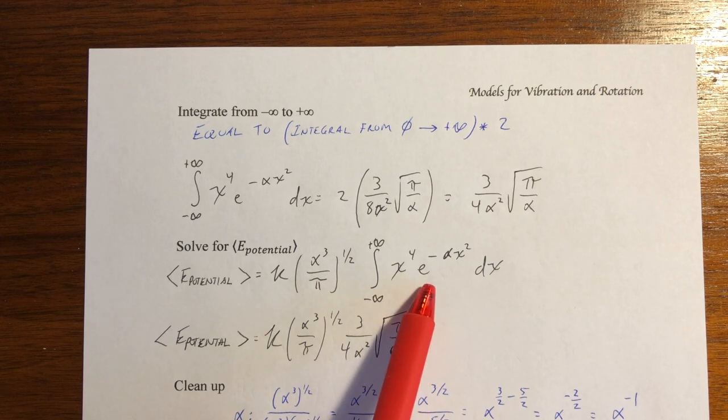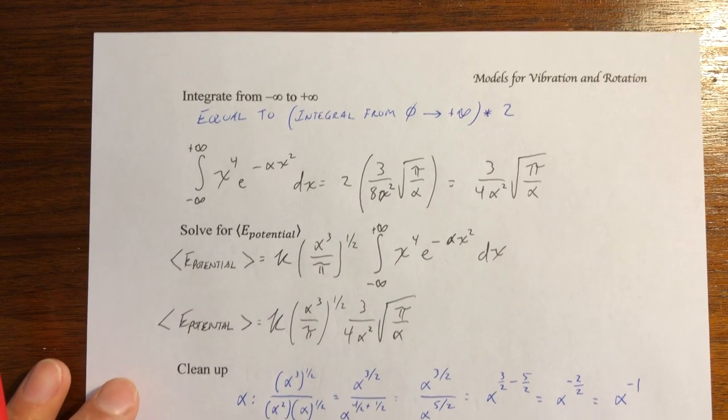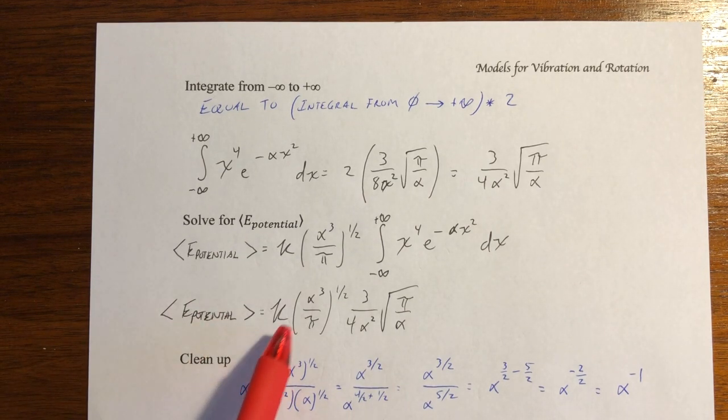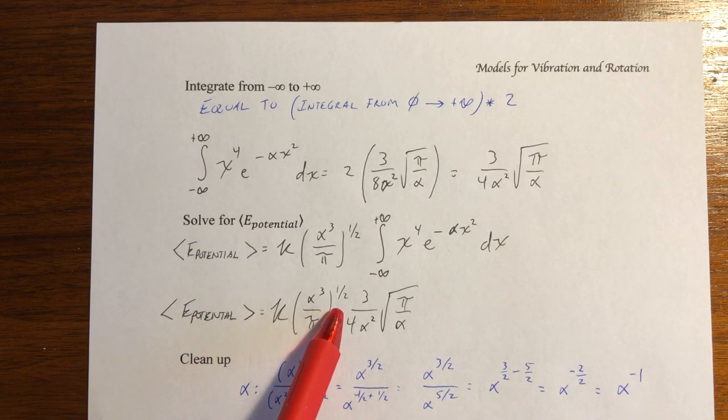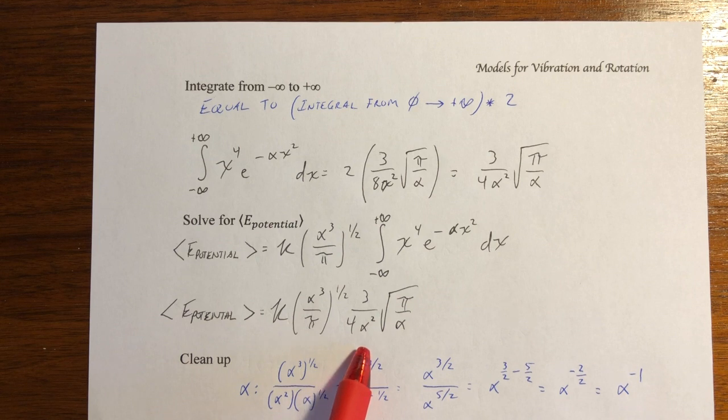Now we have a value for this, and we just plug in. And so now we see that our expectation value is k times alpha cubed over pi raised to the 1/2 times 3 over 4 alpha squared times root pi over alpha.